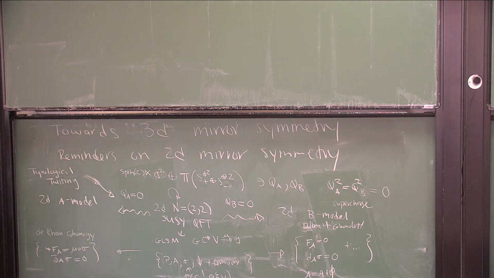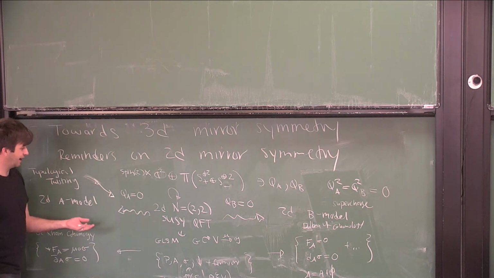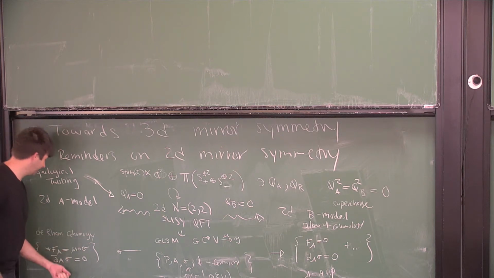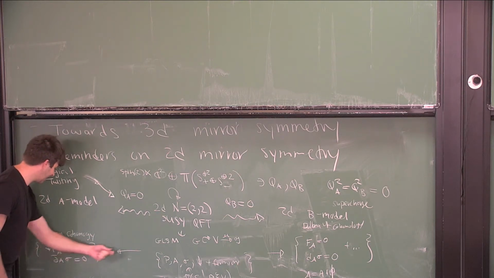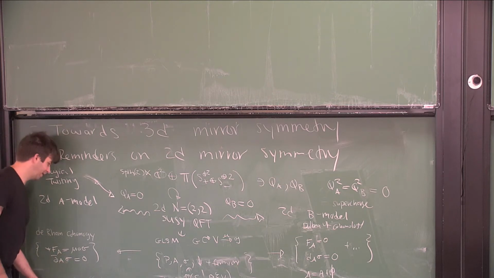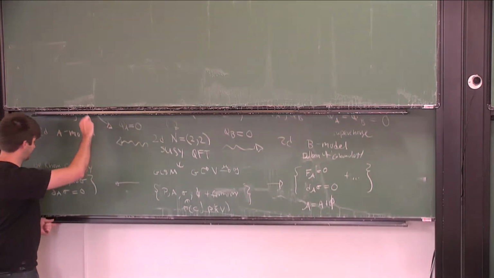The technical word for this is derived stack. You can deform these derived stacks. And so physicists had been doing derived stacks, derived algebraic geometry, all along without ever inventing this.